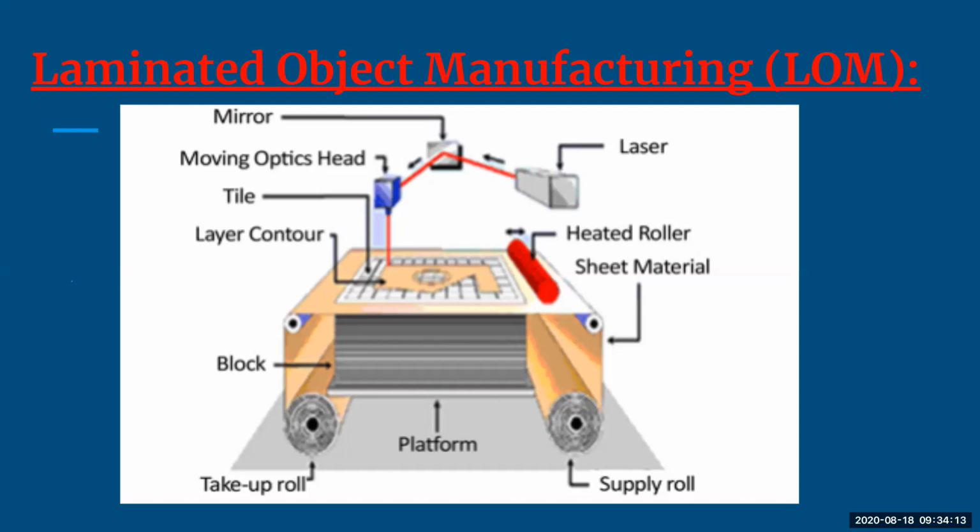Once your material is ready, for the first layer, the heated roll will be moved horizontally and vertically where the lamination takes place. There is something called a laser, mirror, and optic heads. These three will help you do the lamination process. So that is your entire object where you take individual sheets of paper and laminate them. That is laminated object manufacturing.